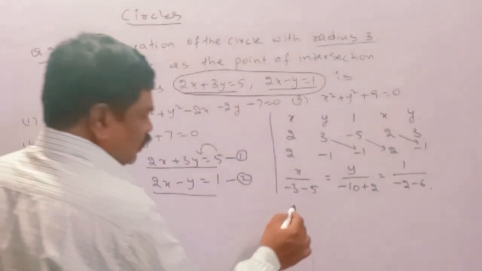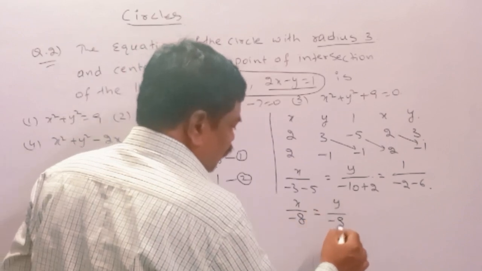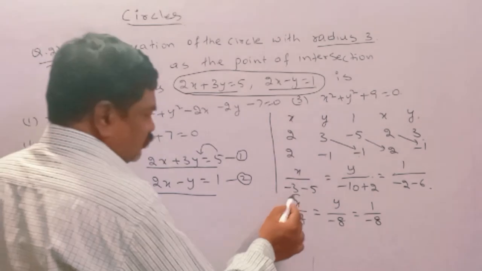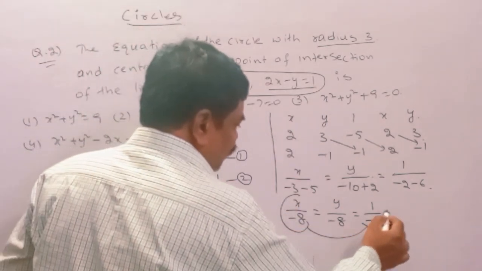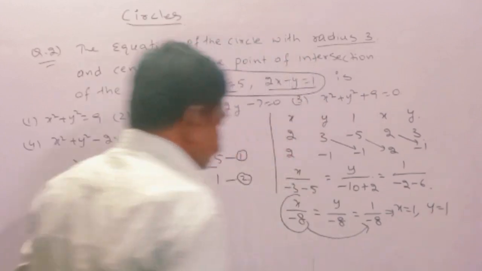So x by minus 8 equal to y by minus 8 equal to 1 by minus 8. From these you will get x is equal to 1 and y is equal to 1.